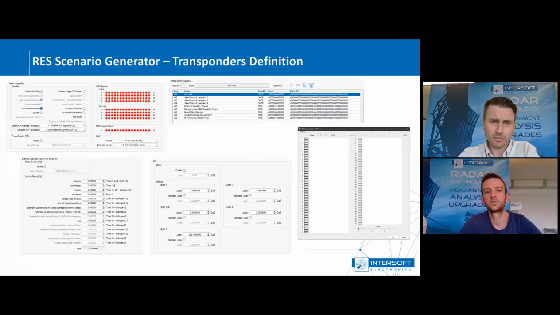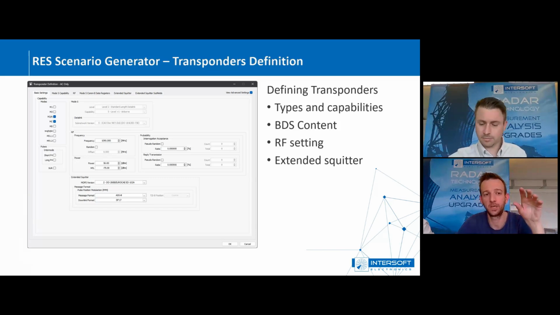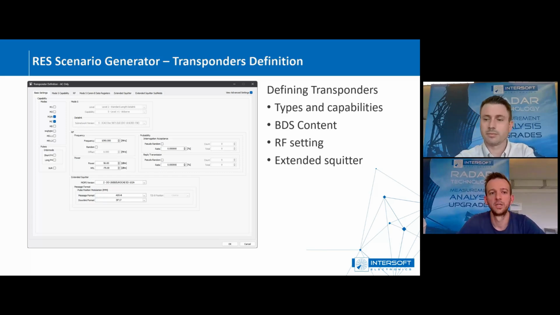test case. Yeah, this tool, for example, if you can go back, Glenn, I'm not sure if you can do that. Yeah, so you can see this is a snapshot from the trajectory scenario generator's aircraft and transponder database. In this case, we streamlined the whole procedure to set individual parameters using this software application.